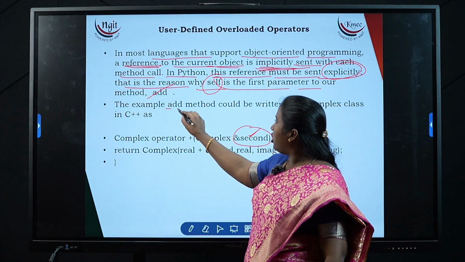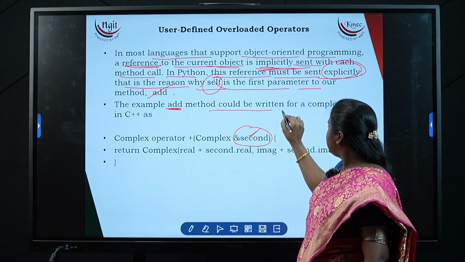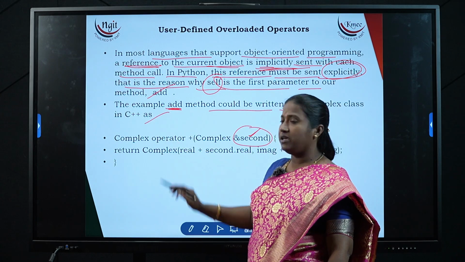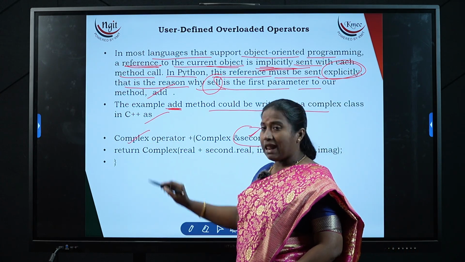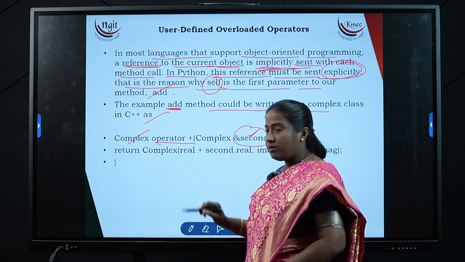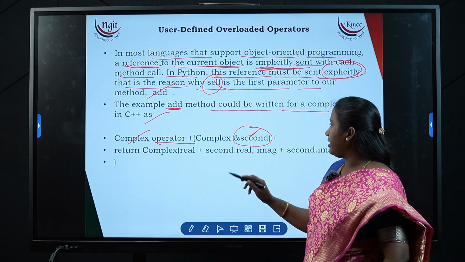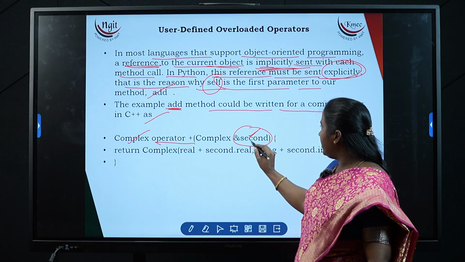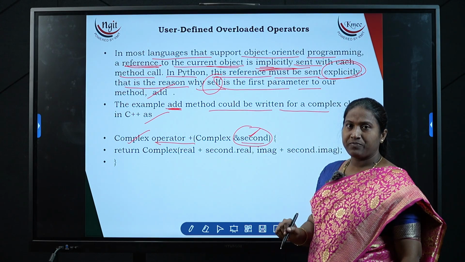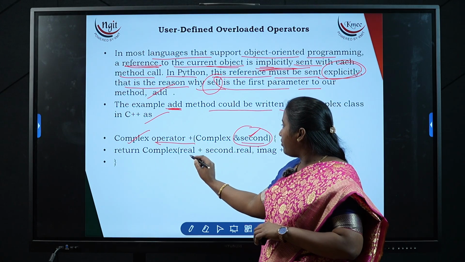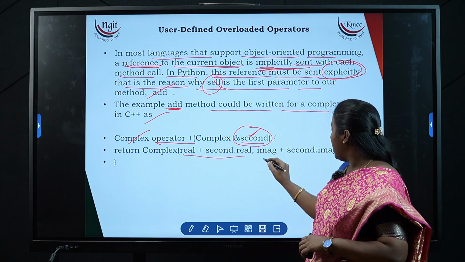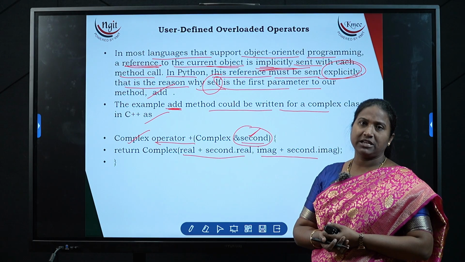Now the add method could be written for a complex class in C++, as complex is a class. Operator plus is a user defined operator and it has a parameter which is second, right? Now look at how the computation was done: real plus second dot real, imaginary plus second dot imaginary.